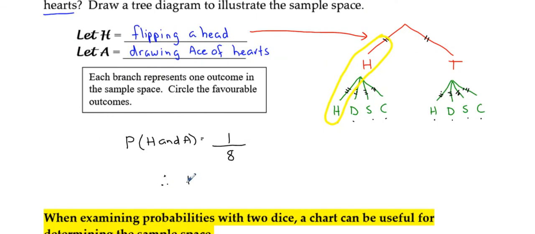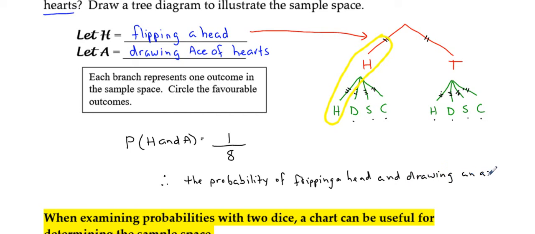So therefore, the probability of flipping a head and drawing an ace of hearts is 1/8.